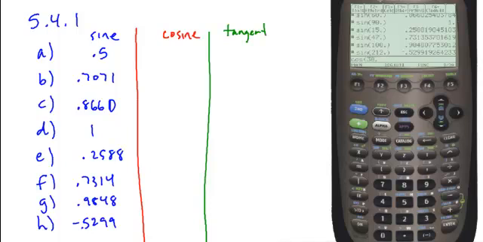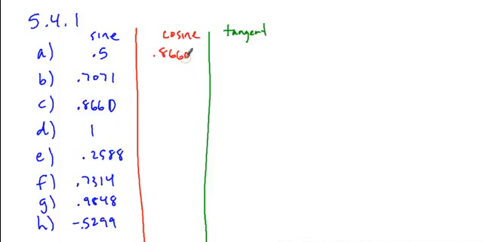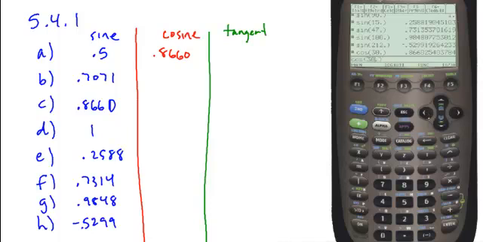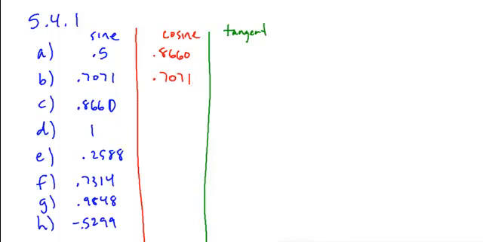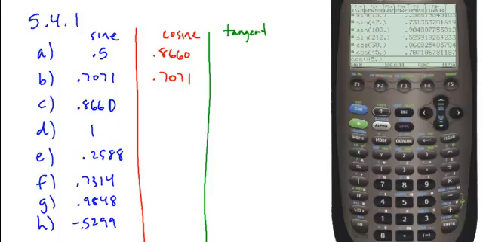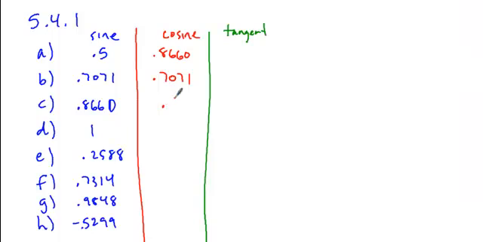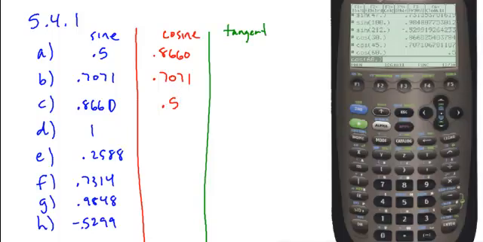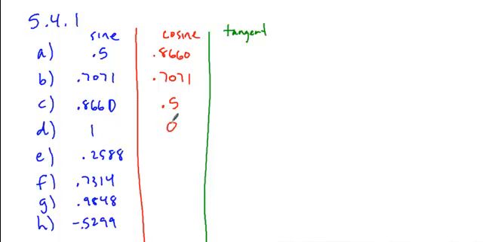Again, I'll put a decimal here. 0.8660. 45 degrees, 0.7071. 60 degrees, 0.5. 90 degrees, 0.